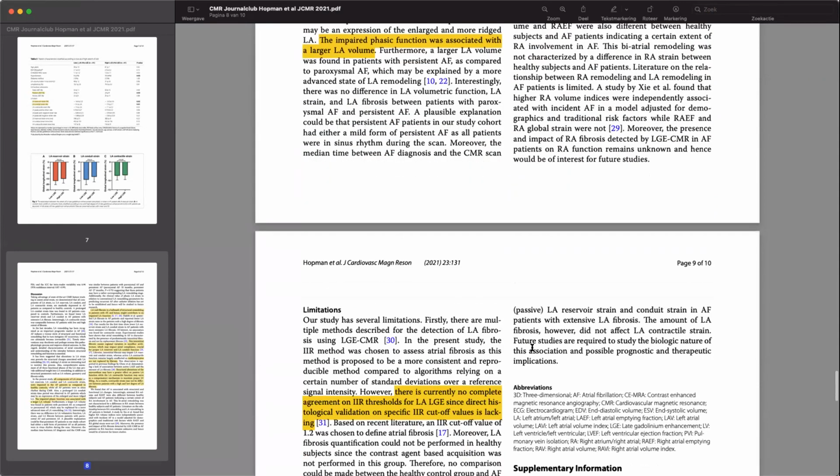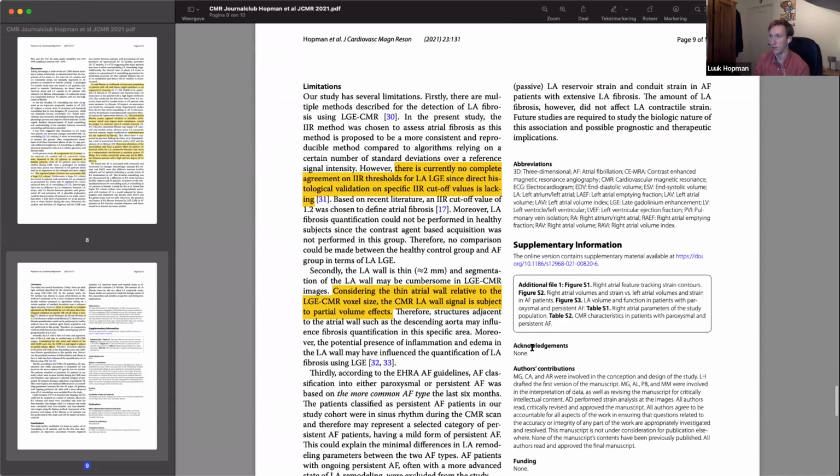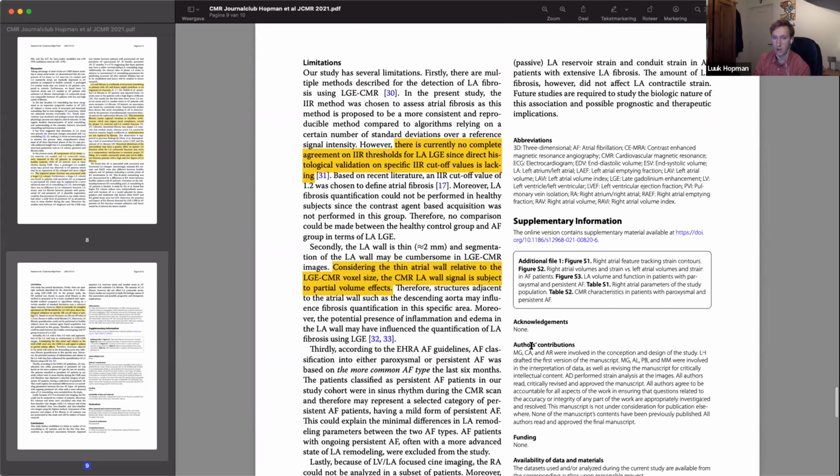Lastly, I would like to point out two limitations. First, there's currently no widely validated 3D LGE post-processing protocol, and so there's no complete agreement on thresholding values to indicate left atrial fibrosis.